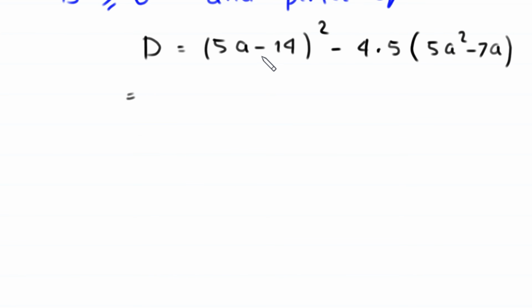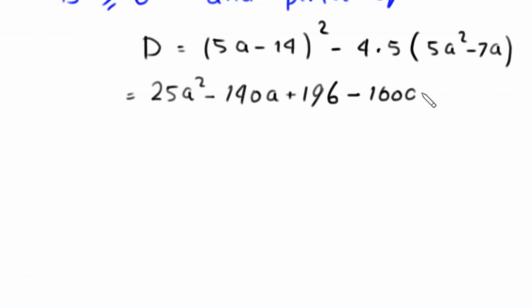Expand (5a minus 14) squared, this will become 25a squared minus 140a plus 196. Negative 4 times 5 times 5a squared will become minus 100a squared. Negative 20 times negative 7a will become plus 140a.